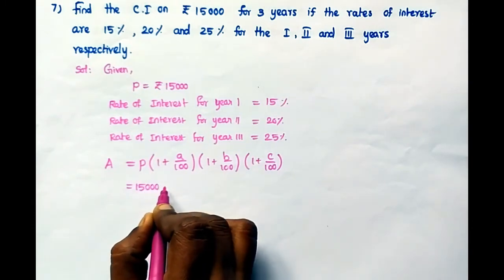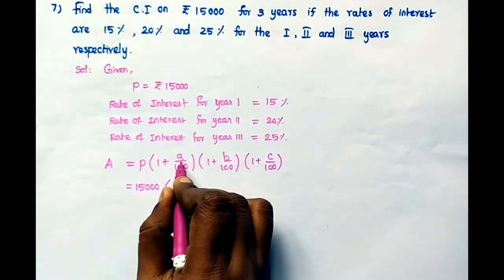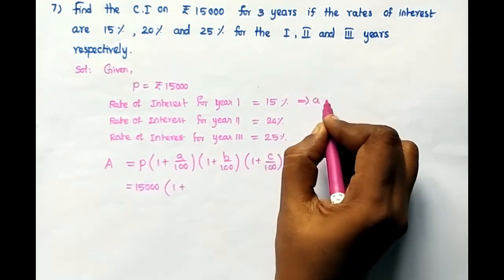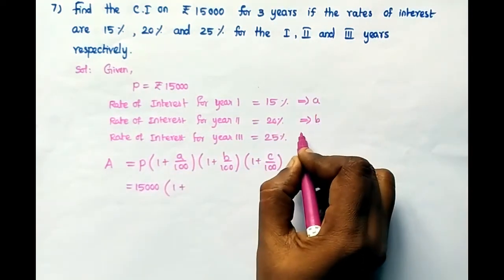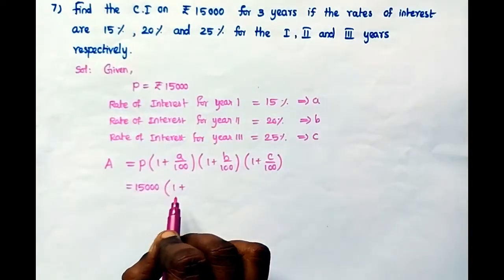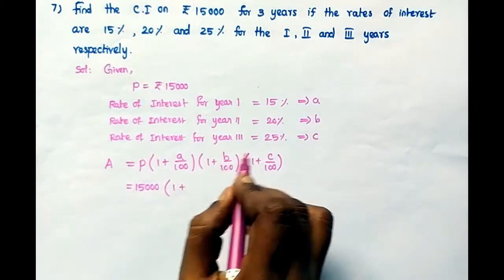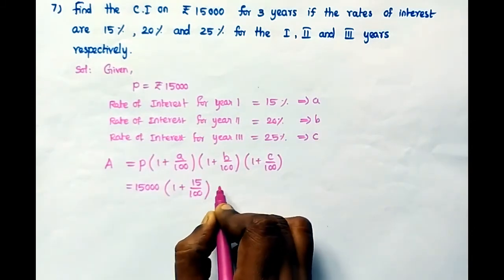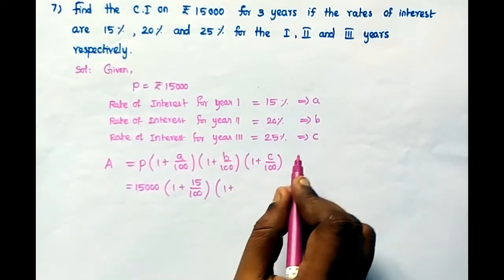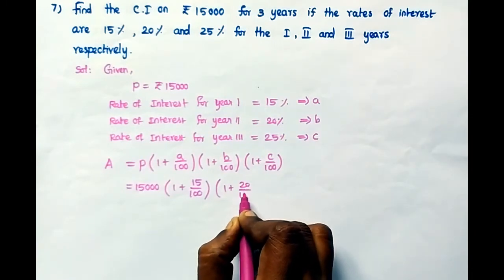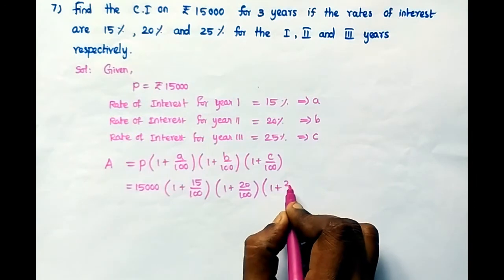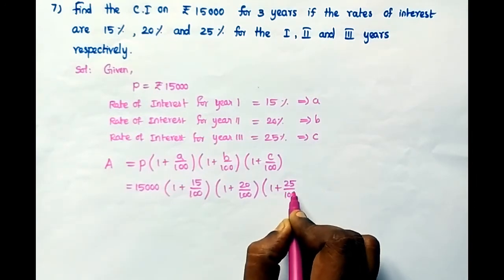15,000 into 1 plus, what is A? So that is A, this B, this C. So A is 15 divided by 100 into 1 plus B is 20 divided by 100 into 1 plus C 25 divided by 100.